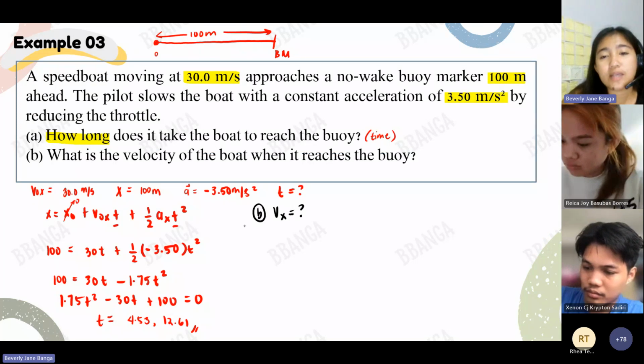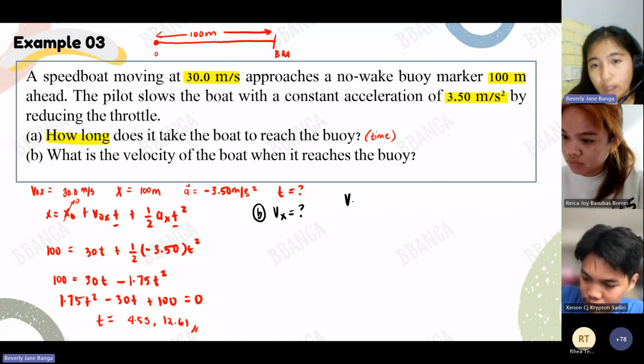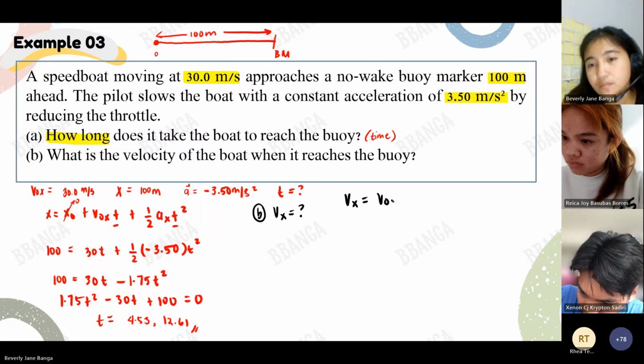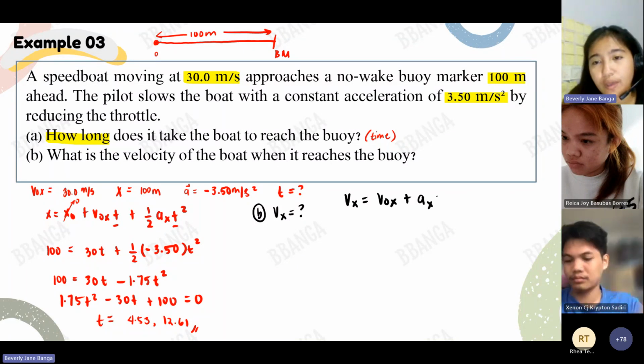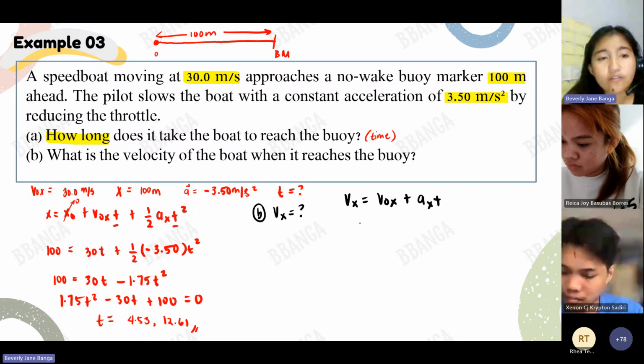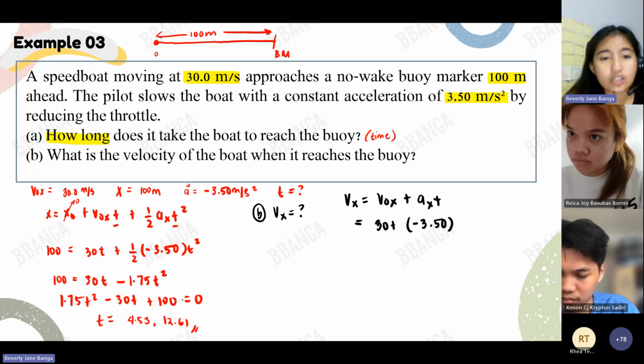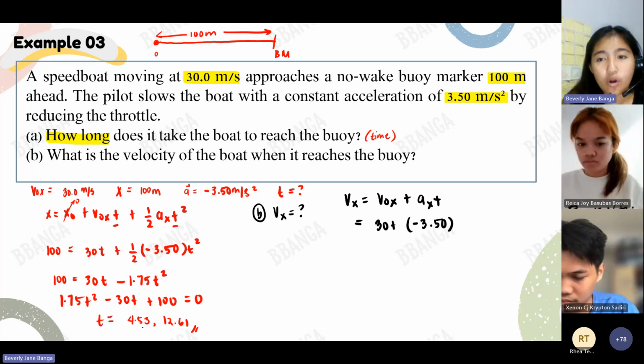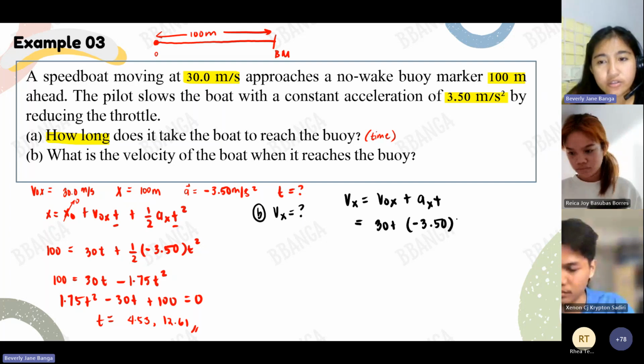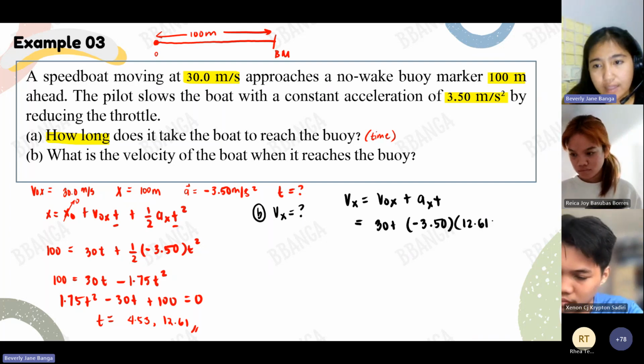Okay? So let's say for example, we're going to use equation 1. Vx equals Vox plus axt. So ang Vox natin ay 30 plus negative 3.5. Dito na tayo papasok sa dalawang oras. So let's try first 12.61 seconds.